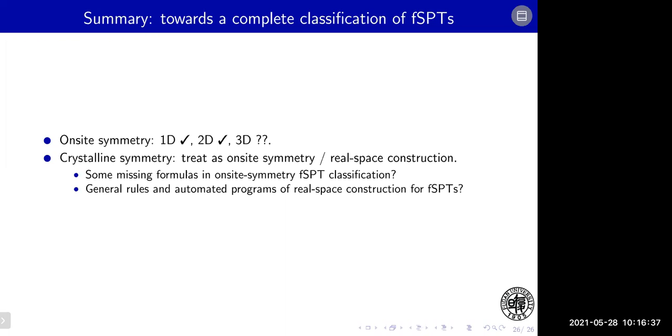So people have to solve that problem first. And also for fermionic SPT phases, if we do a real space construction, we have only done this case by case, so we don't know exactly what the general rule is, and we don't have an automated program to do that. That also needs to be done in the future.